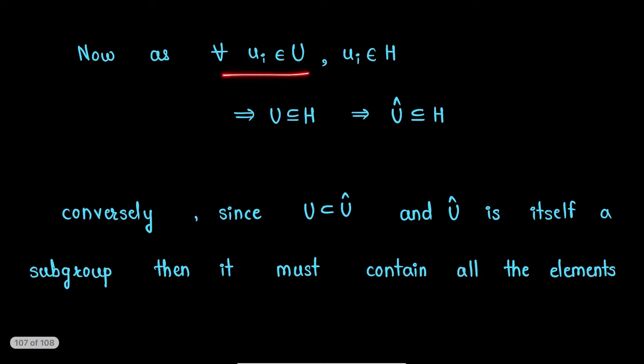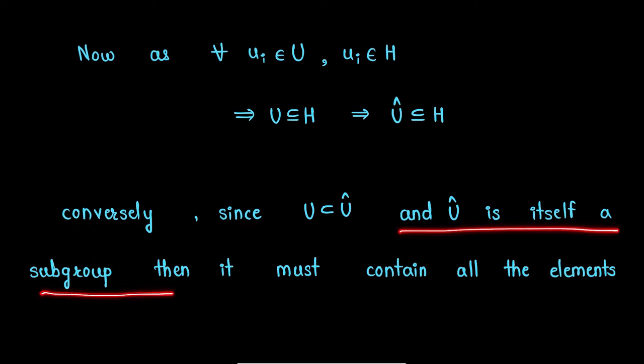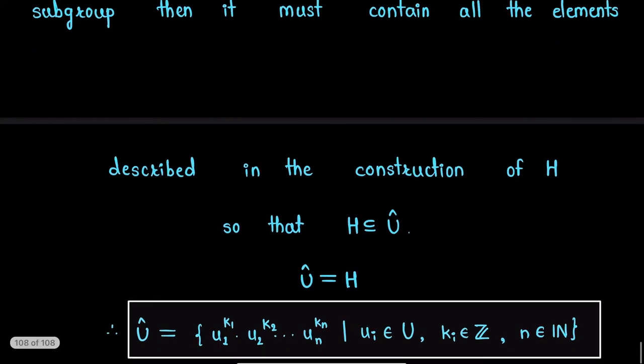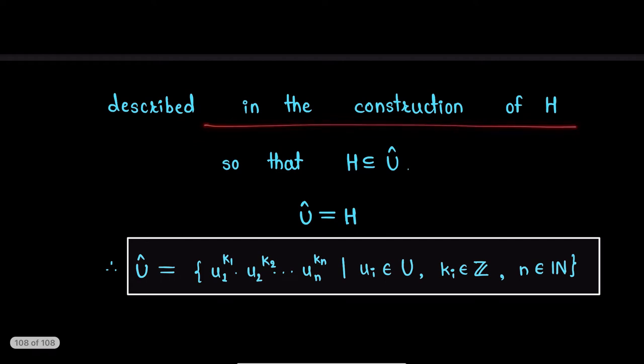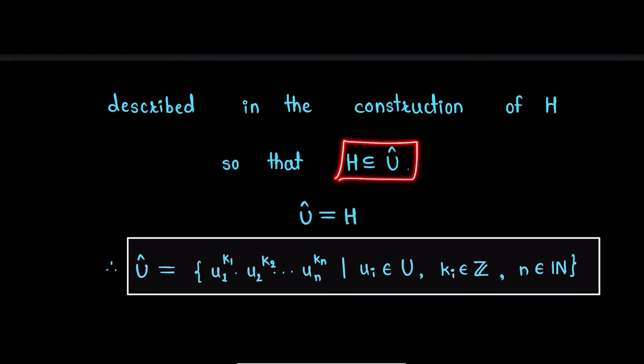As for all ui in U, ui is clearly in H also, and therefore U will be a subset of H, and this implies U cap will be a subset of H, as U cap is the intersection of subgroups containing U. Now conversely, since U is in U cap and U cap is itself a subgroup, it must contain all the elements which are described in the construction of H, and thus H will be a subset of U cap.